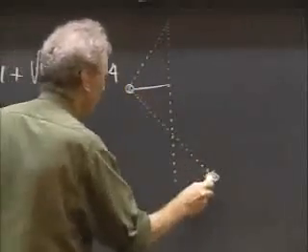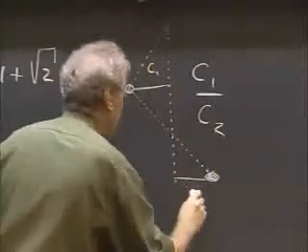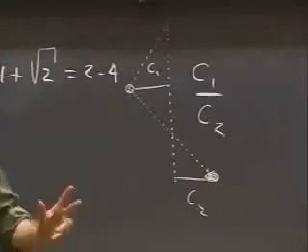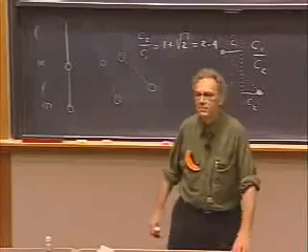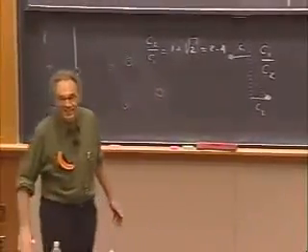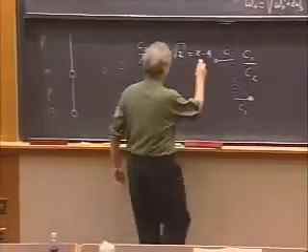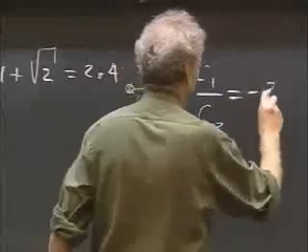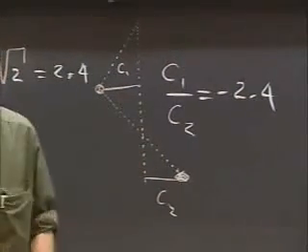Any idea of the ratio? C1 over C2. Call this C1, call this C2. Any one of you, any intuition? Minus? Jan? Boy, you're good. It is minus 2.4. This one will be much further away than this one.